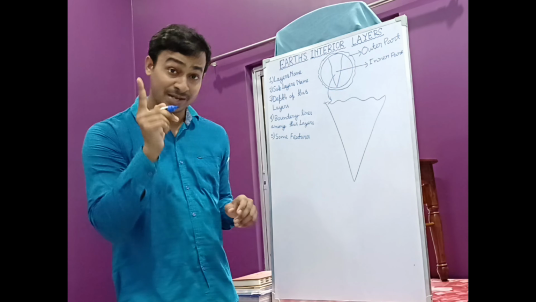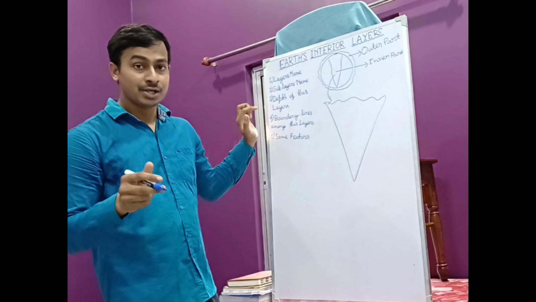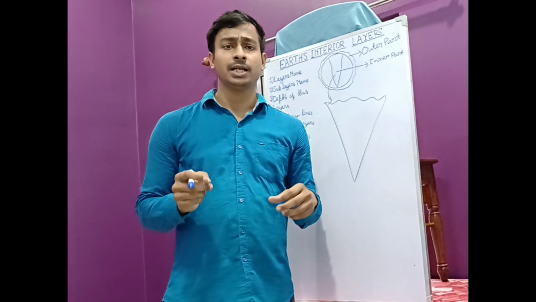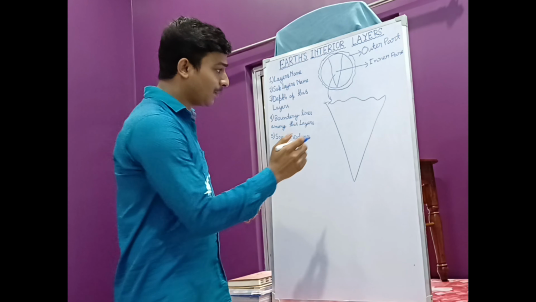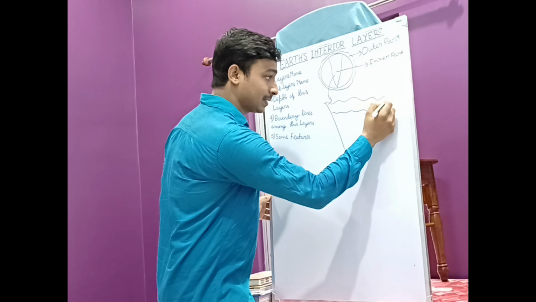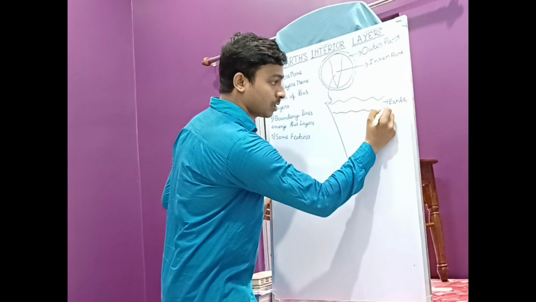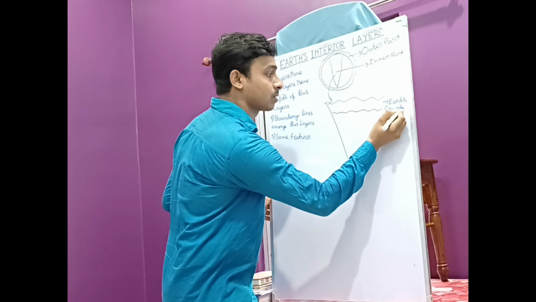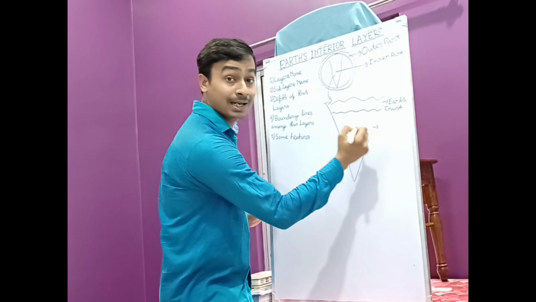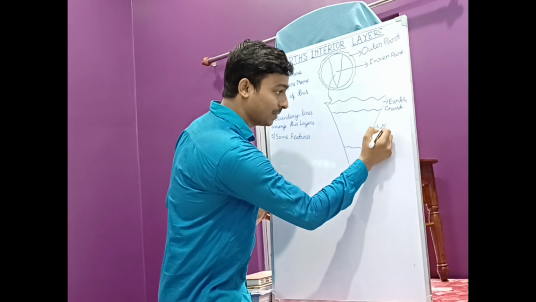So start my main discussion. First, layers name. Earth interior part is mainly composed of three layers. First is earth crust. Second is mantle part of inner region.